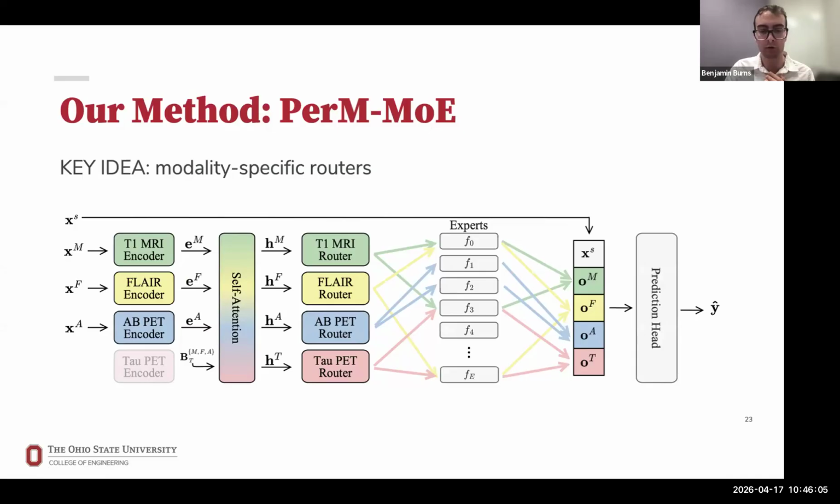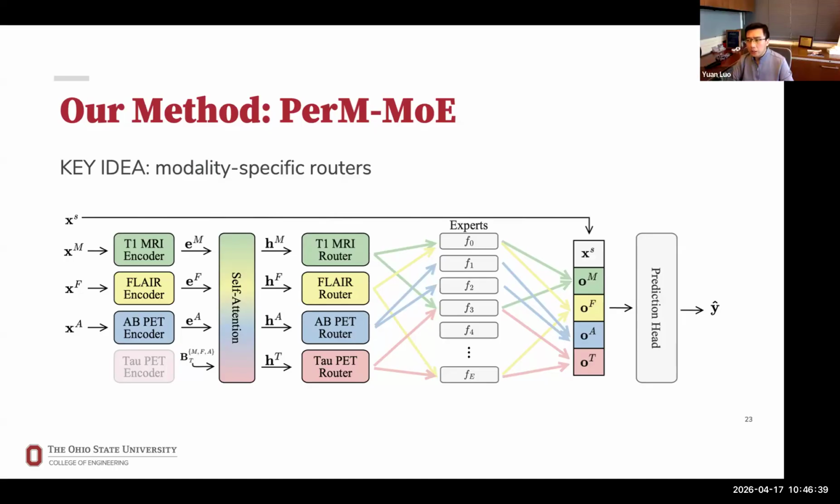In this case, we want to have as good of a routing through the mixture of experts as possible. If we're using a single router design, then this router must cater to each of the modalities that the model can accept, and thus the routing strategy may not be as individualized for the one modality that we have available in the case. So by having the independent modality routers, our routing can always be specialized for each modality so that if we have just one available, we're using the best strategy possible.